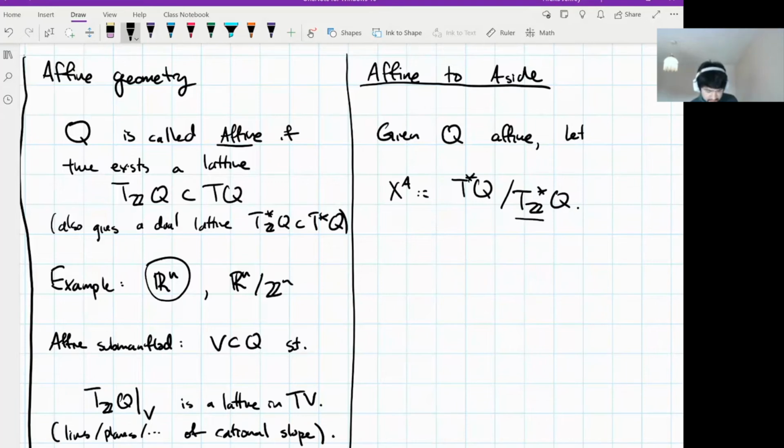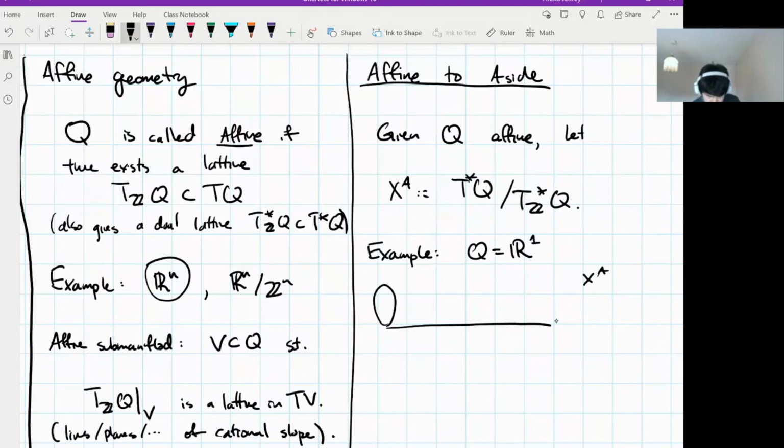It's easy to check that the translations by the flat sections given by this subbundle respect the symplectic form. So when I perform this action, I will get some kind of space that has compact fibers and is symplectic. So the main example: if I start with something like Q equals R^n, or maybe let's just start with R, then X_A will be a cylinder. So this is the cotangent bundle of R mod the lattice.